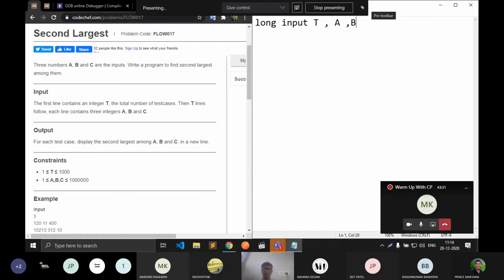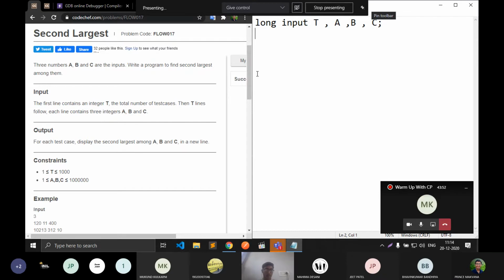It means a, b and this is c. It means four inputs and we get one output. No, three inputs and one output, because t is the test cases.